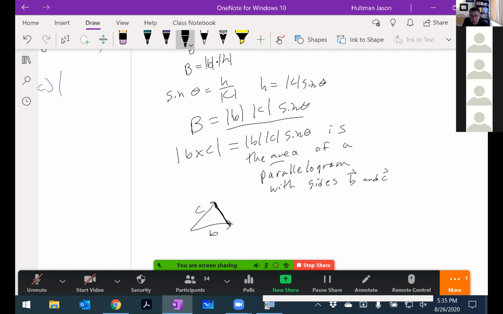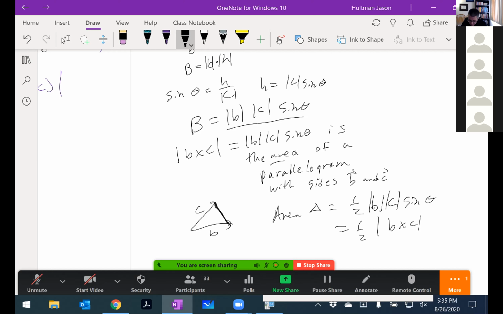Does that make sense? So the area of the triangle is 1/2 BC sine of theta, which is 1/2 the magnitude of B cross C. That's the area of the triangle.